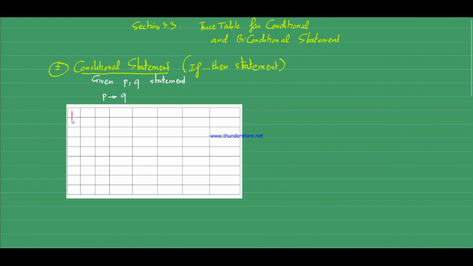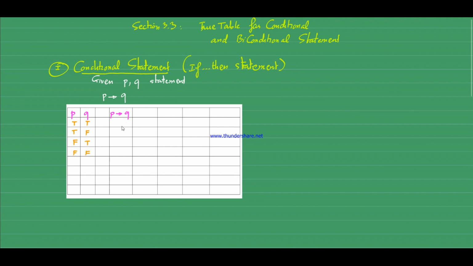So this is P, Q, and this is P imply Q. We have only two simple statements, so we will have four different arrangements: true true, true false, false true, and false false.